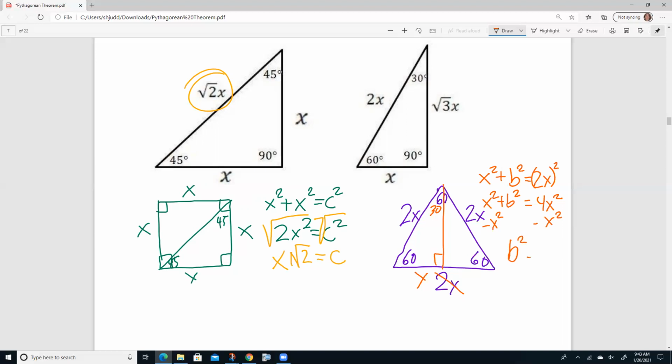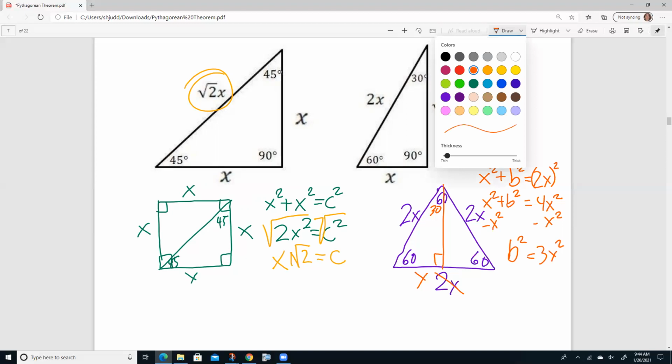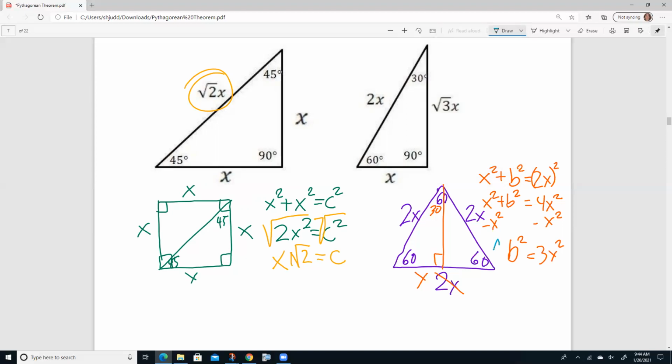And you got b squared equals 3x squared. Last step is going to be to take the square root. And b is going to equal, well, the square and the square root will cancel for the x. There's no squared around the 3, so it'll be x times the square root of 3. And that's where we're getting that expression.